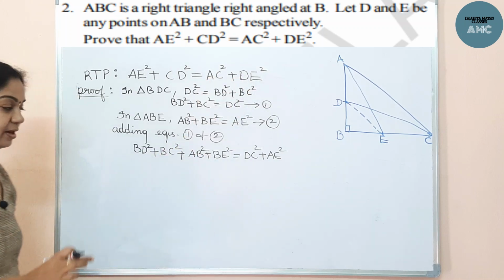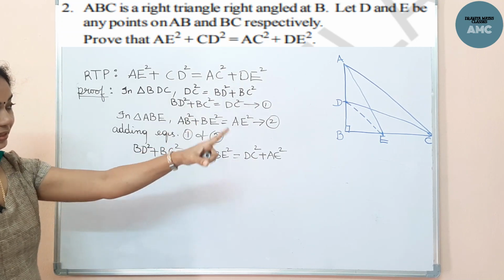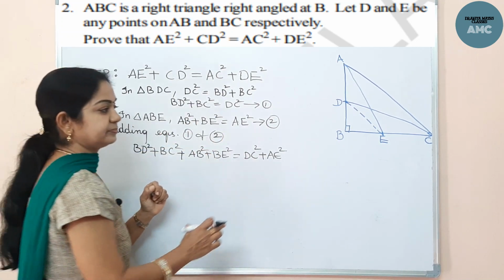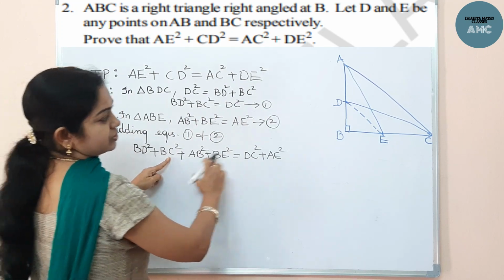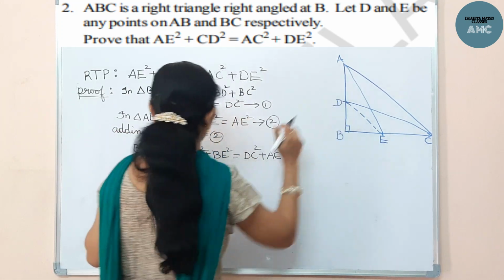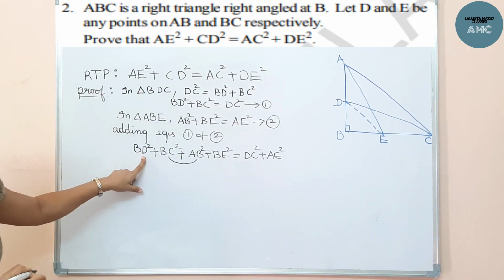Now, clearly see BD square and BE square, and BC and AB also.